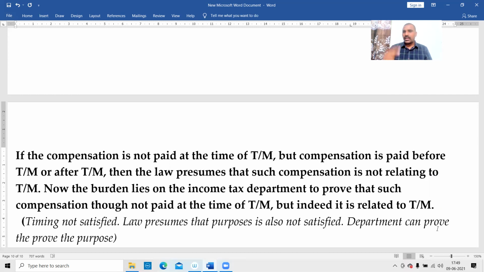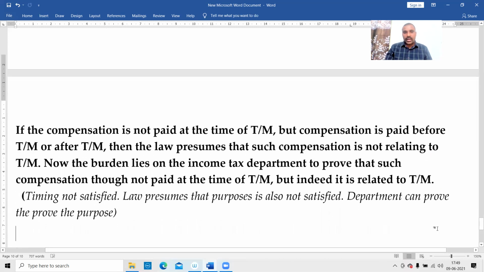Timing is satisfied, purpose is presumed, purpose can be disproved. Timing is not satisfied, purpose is not presumed, purpose can be proved. These are the 2 points.